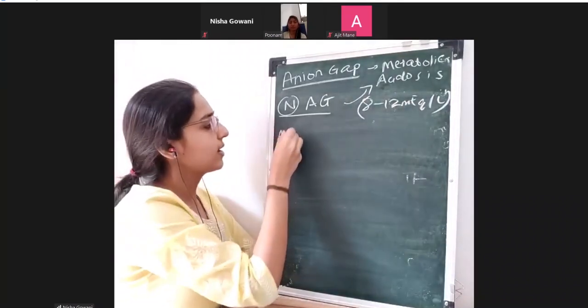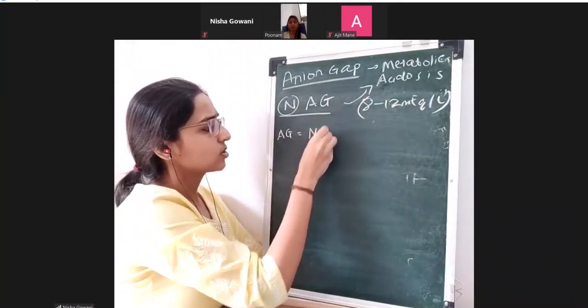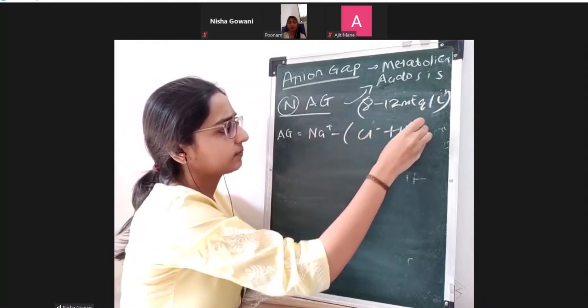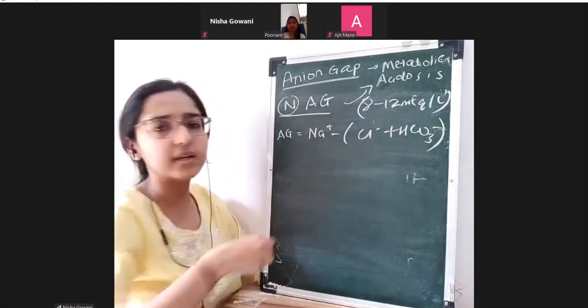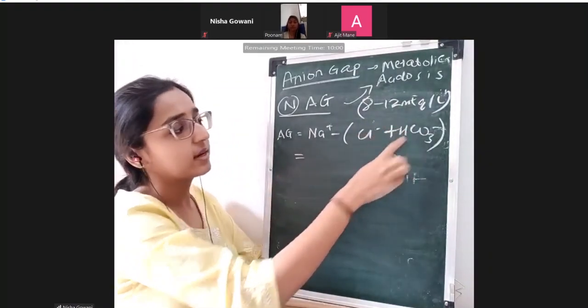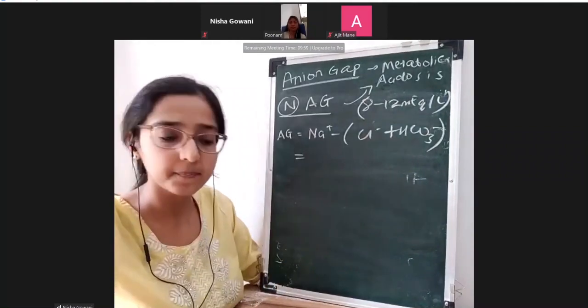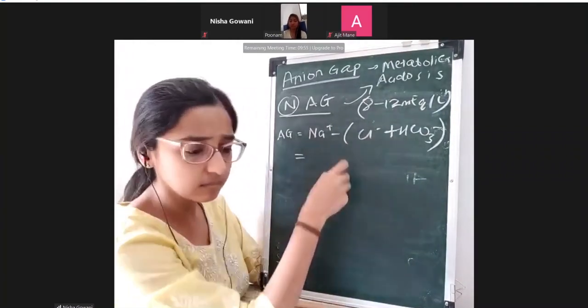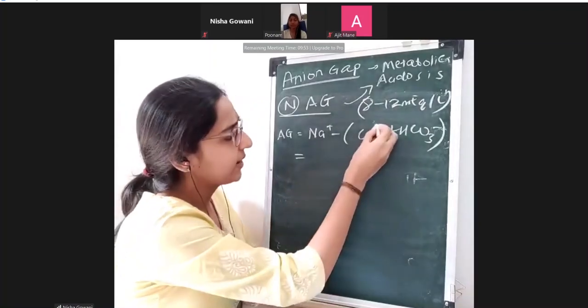Now we know that anion gap is what? Sodium minus chloride plus bicarbonate. Okay. So there are times when the chloride is retained.